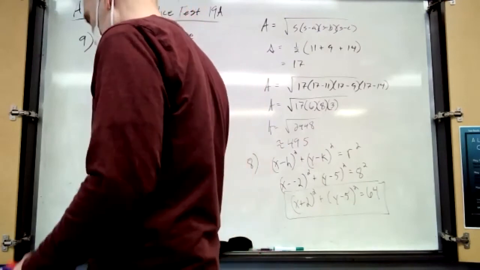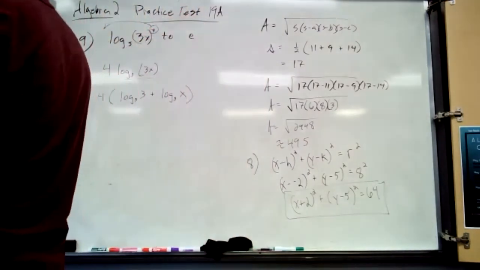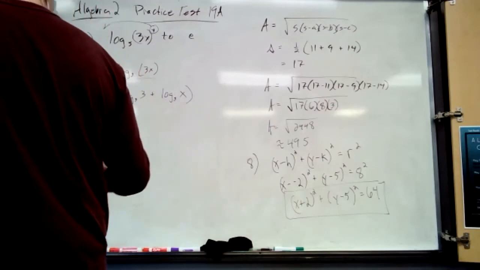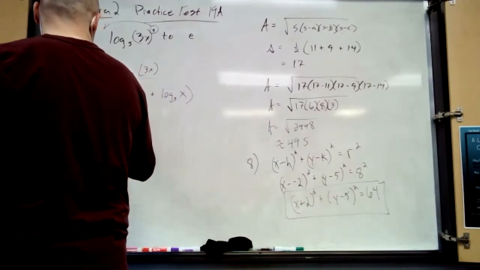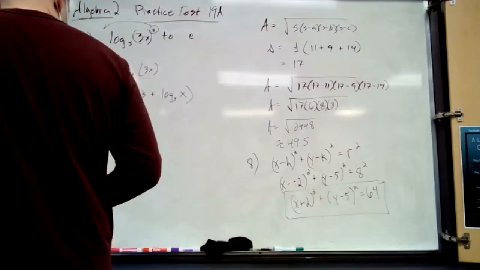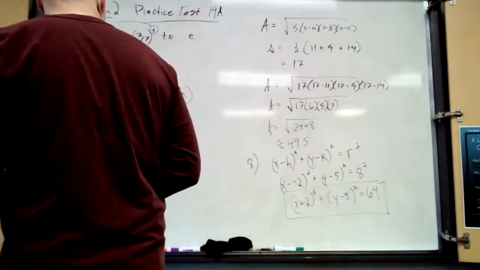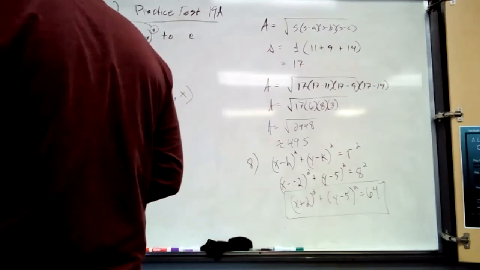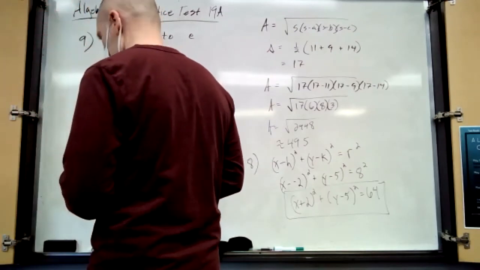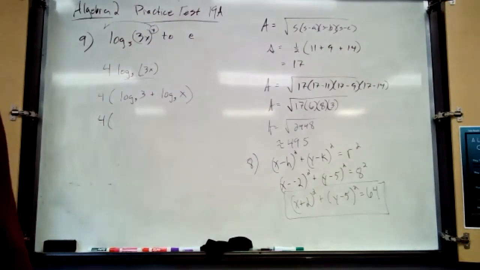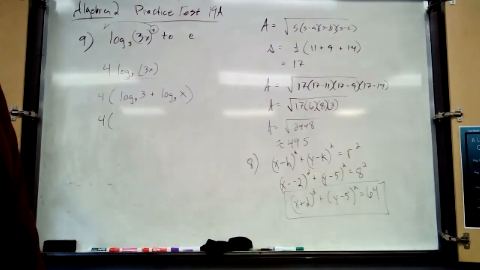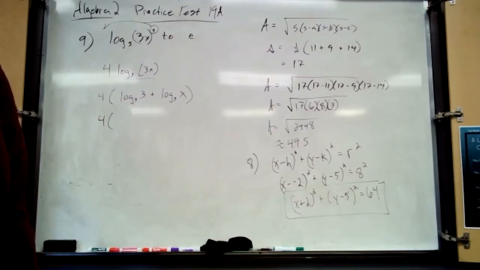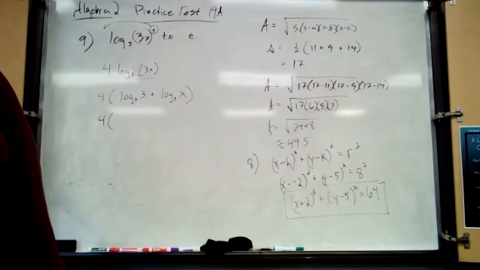So log base 5, oh yeah, that's why, because you can't do log base 5. So change it to log base e. It's kind of a pain, but we're going to do that. Can't remember the change of base formula, it's real easy, but I forgot it.